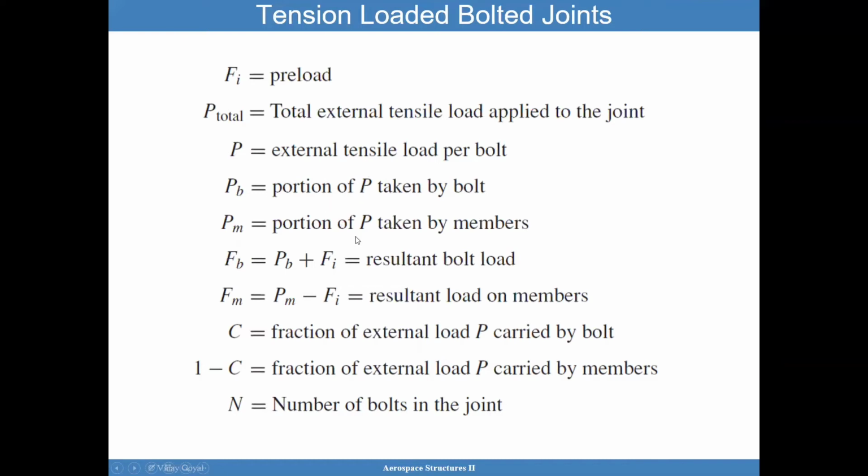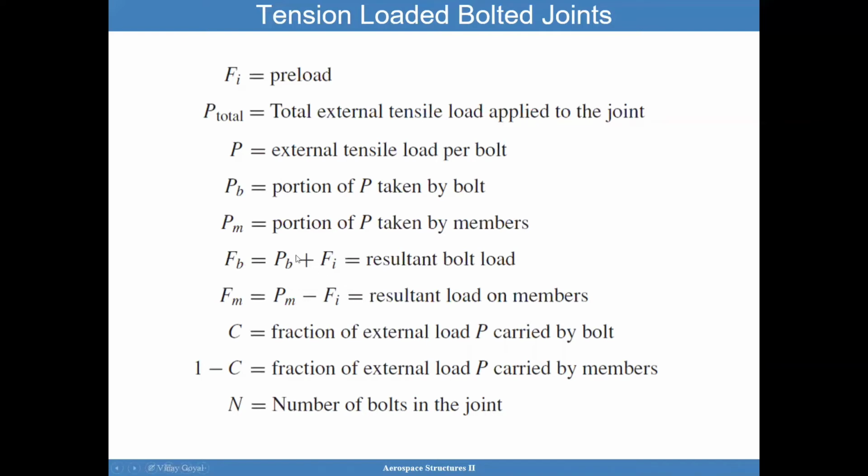However, it is important to realize that that's the external load applied. Some of that goes into the bolt, some goes into the member. But when I look at the resultant bolt load, I have the load taken by the bolt, and I have to add that to the preload because the preload has that bolt in tension. So that's really the resultant bolt load that should be considered.